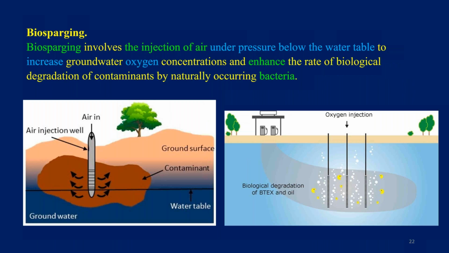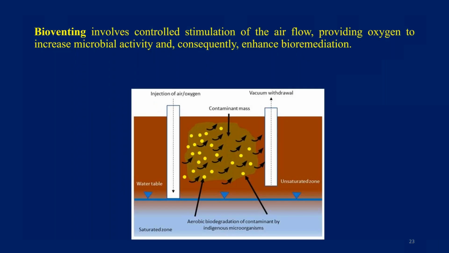Biosparging involves the injection of air under pressure below the water table to increase groundwater oxygen concentrations and enhance the rate of biological degradation of contaminants by naturally occurring bacteria. Bioventing involves controlled stimulation of the airflow, providing oxygen to increase microbial activity and consequently enhance bioremediation.